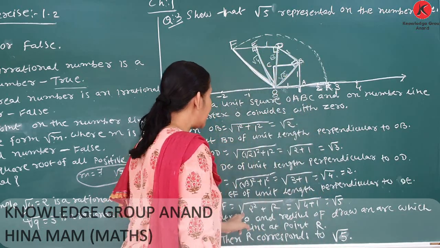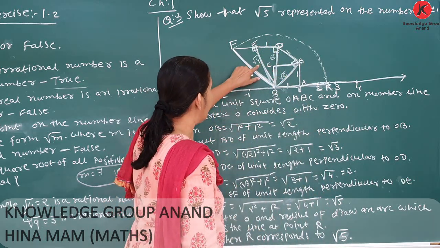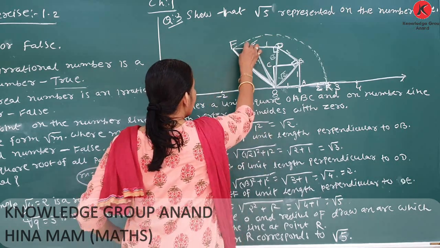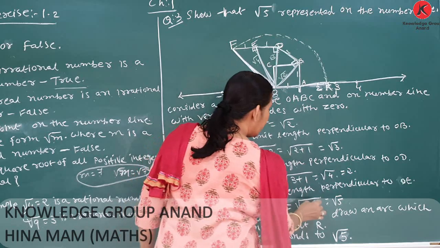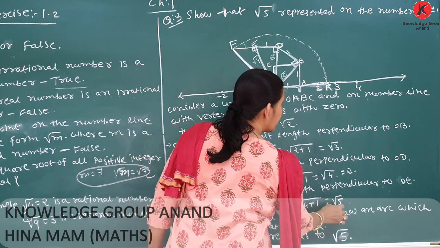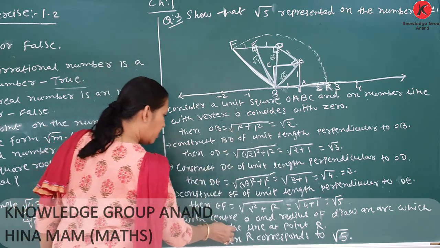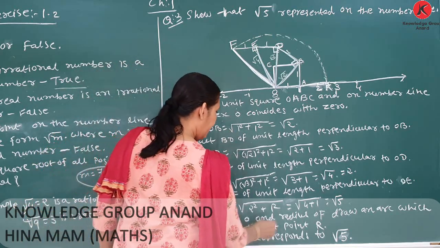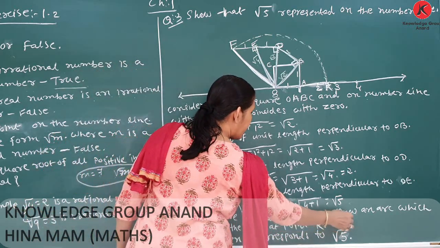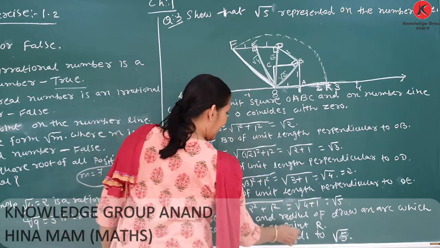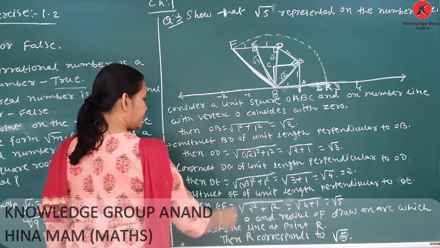Then OF is equal to under root of 2 square plus 1 square, which is under root 4 plus 1, equal to root 5. With center O and radius OF, draw an arc which intersects the line at point R.